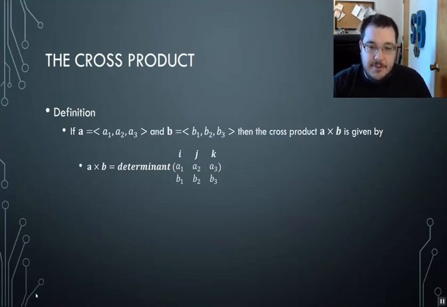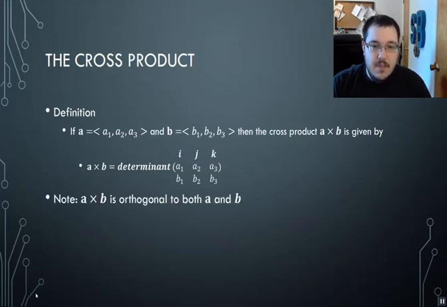So if A comes first, A is going to be the middle row. If B comes first, B is going to be the middle row. If you do it the opposite direction, it'll end up giving you a different vector at the end. Now, some of you might not know how to do determinant. We're going to do a lot of that in class, but we have the basics here that I'll explain in a moment.